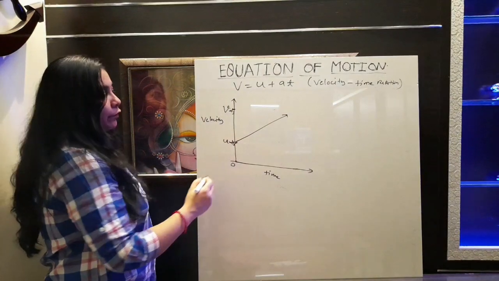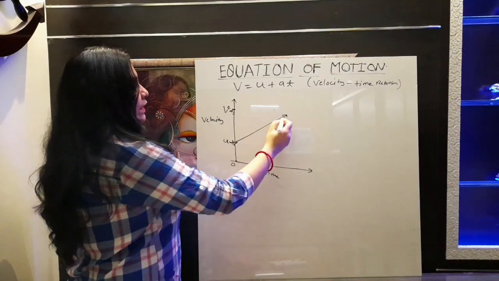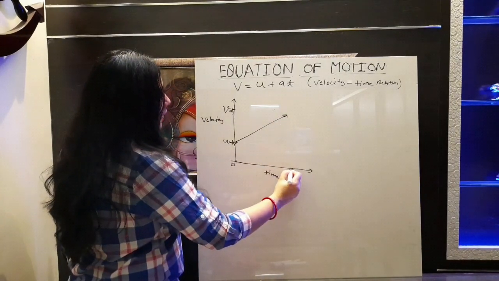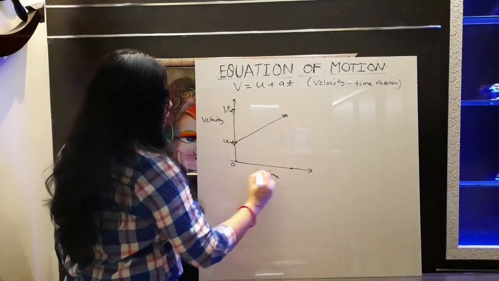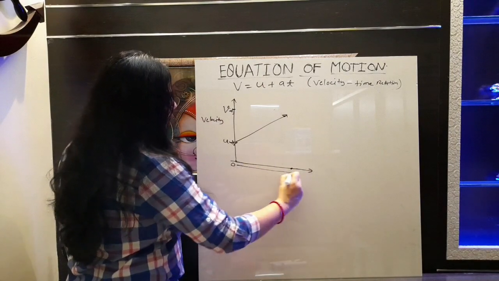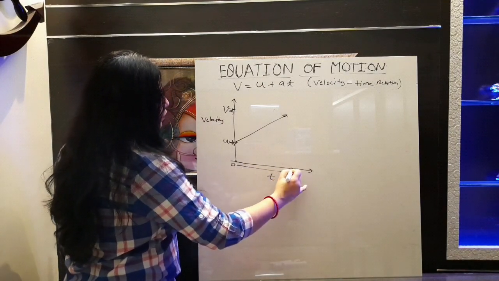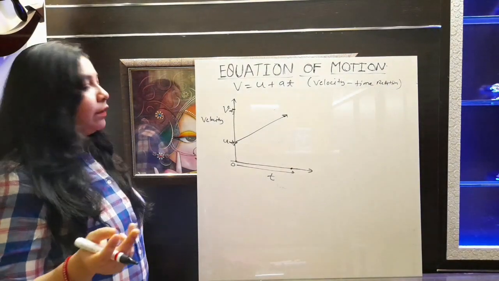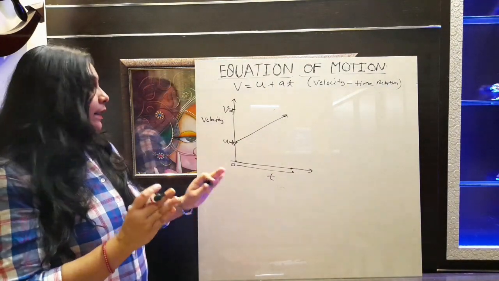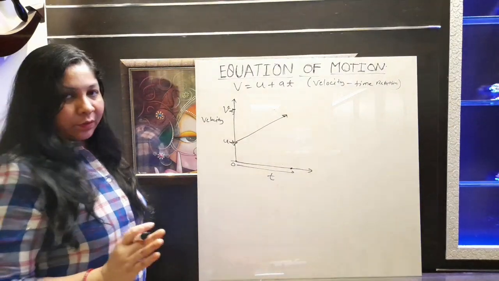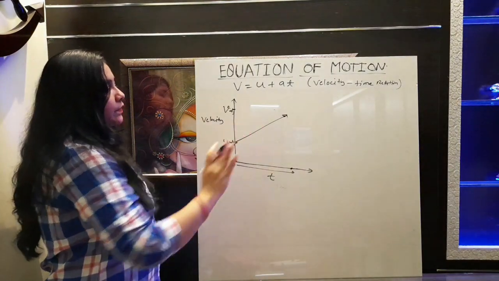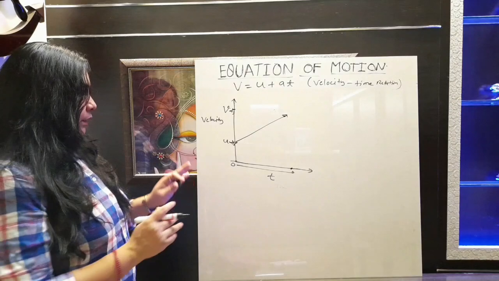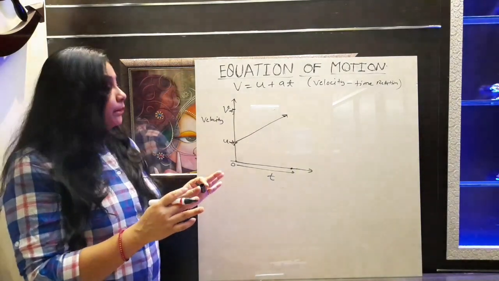Here also time starts from 0, and suppose to reach this particular point, the time taken by this object is t. So the total time from here to here is t. Suppose it may be 3 seconds, 4 seconds, 5 seconds, whatever the value, we are considering it as t seconds.